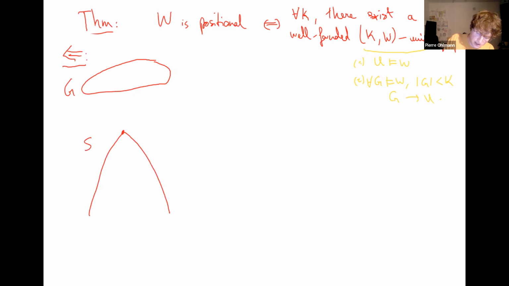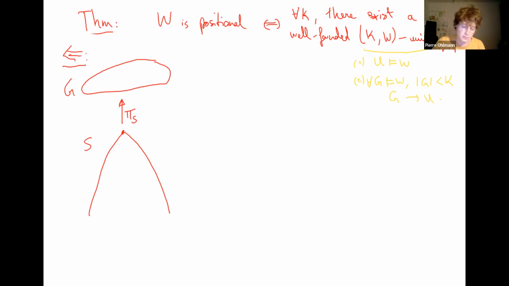So the strategy is a graph with a morphism towards G. Let's call this pi S. Okay. And now I want to somehow fold this strategy.